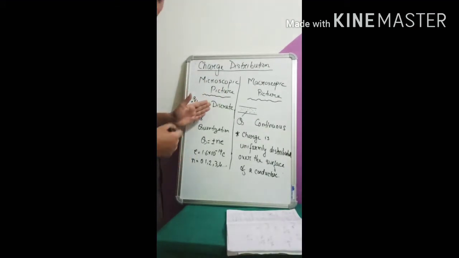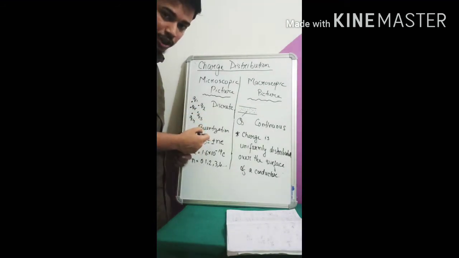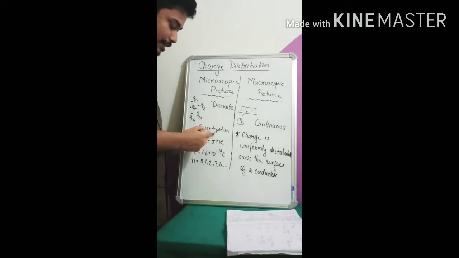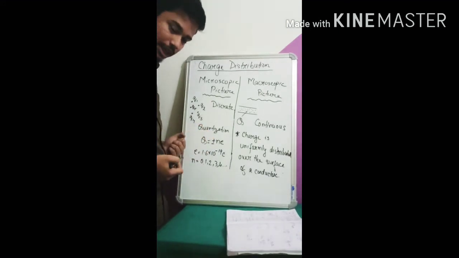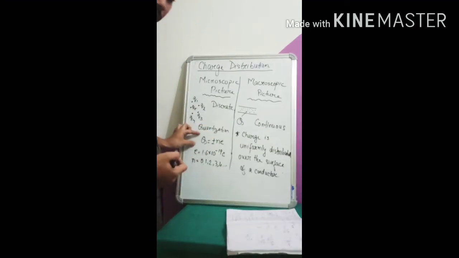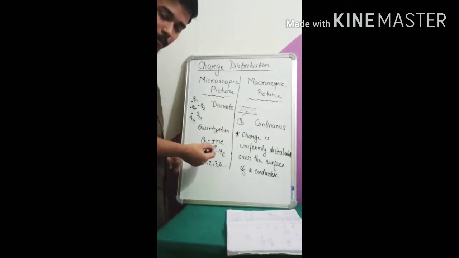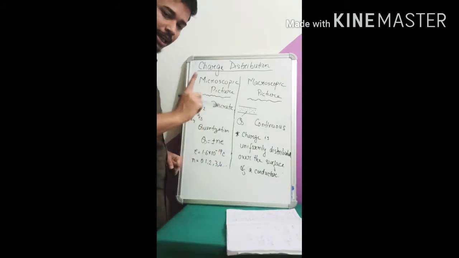So in this picture, we have also studied the quantization of charge. So what is quantization of charge? According to quantization of charge, we know that the total charge on any conductor is an integral number of the charge on one electron, that is Q = n e.